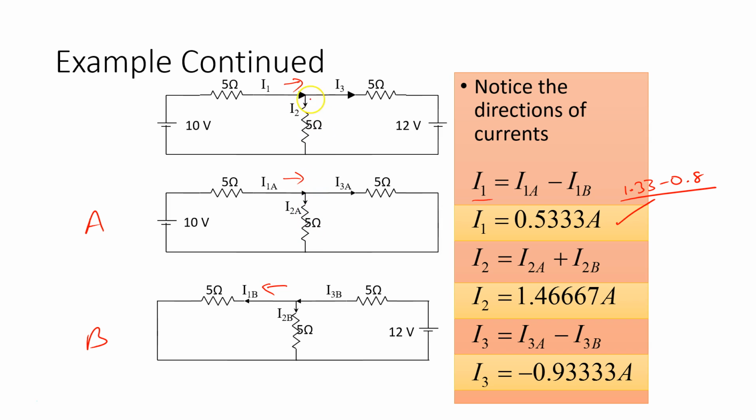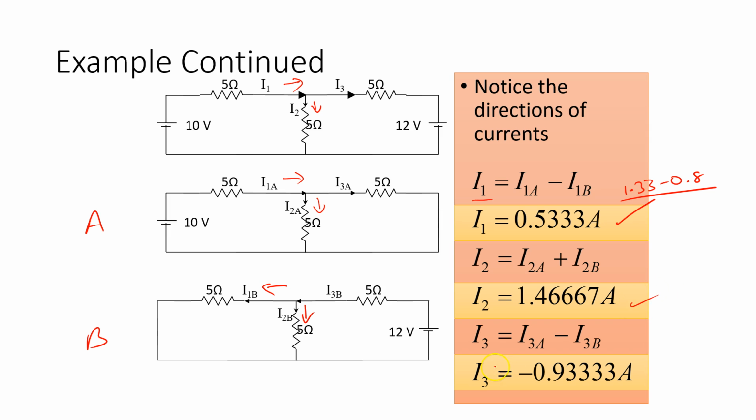So I2 is down, I2A is down, and I2B is down. That means I2 is equal to I2A in this case plus I2B, and that gives me 1.4667 amps.